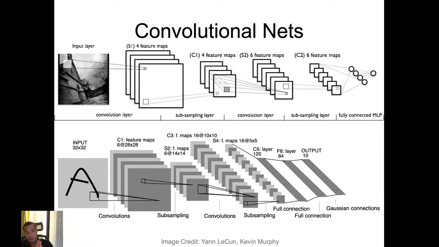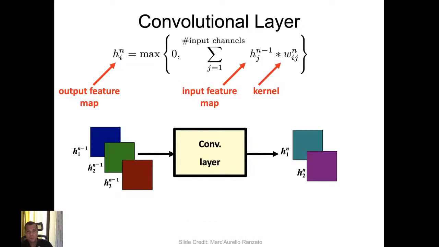A few more things about the convolutional layer: usually we apply ReLU activation, which is the function maximum of 0 and the result of the convolution operation.